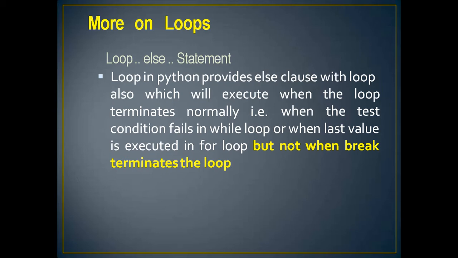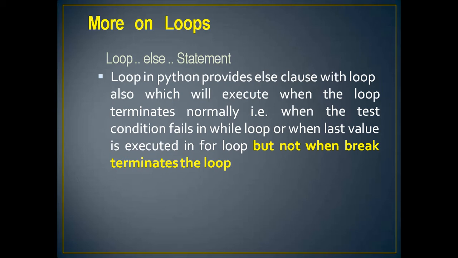One is the else statement of a loop, and another one is nested loops. Both concepts are very important as far as Python flow of control is concerned. So let us see what the else statement used in a loop is.